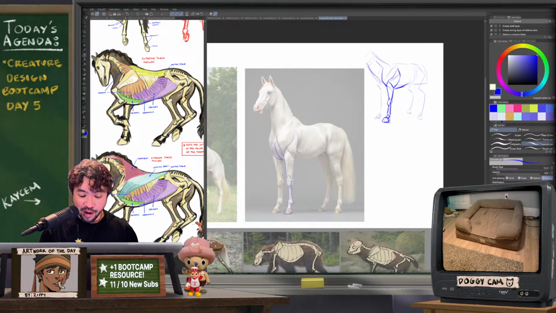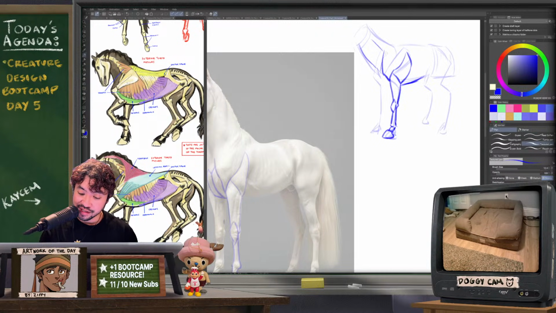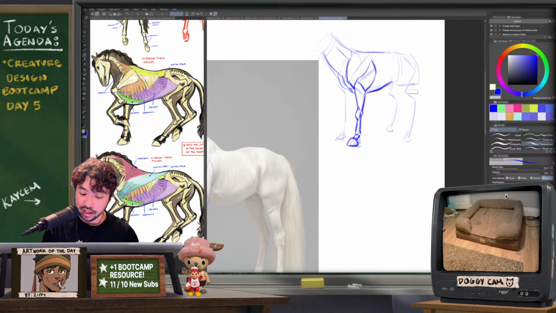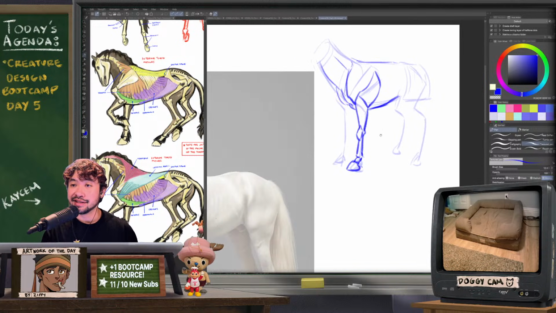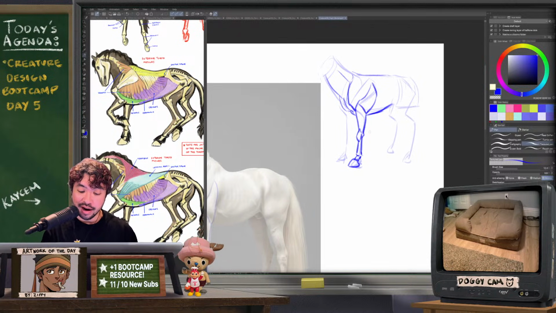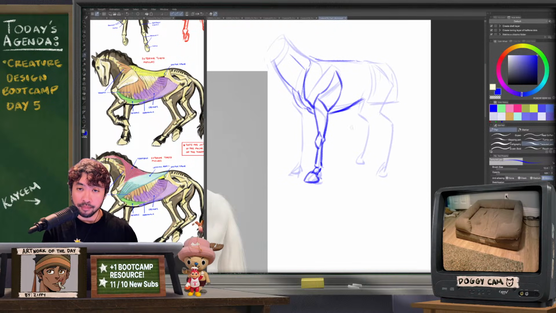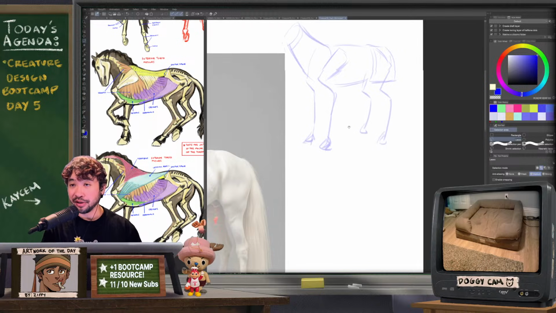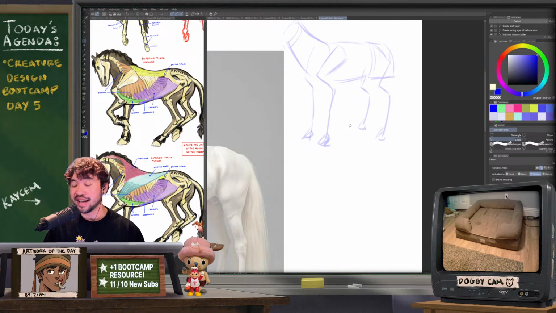In all seriousness, now essentially I can draw a horse from imagination using the good old anatomical structures that we've laid out. Not too bad. Obviously, it's good to practice gesture. It's good to practice some of the basic things. But it's that simple, right? All it takes is following the first 4 days of the boot camp.